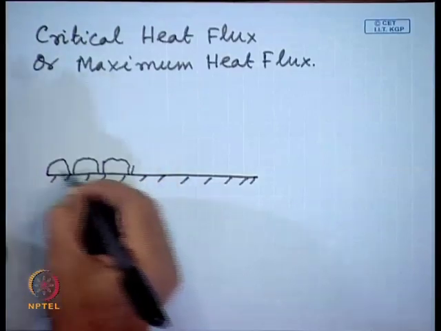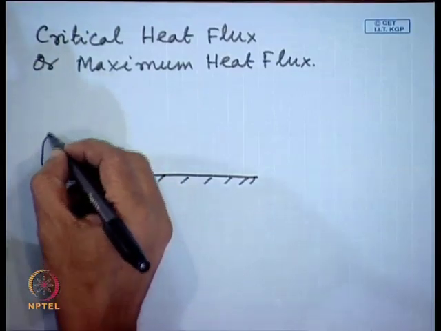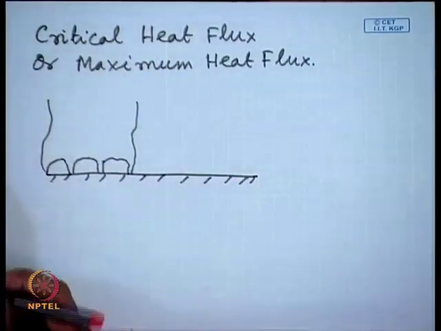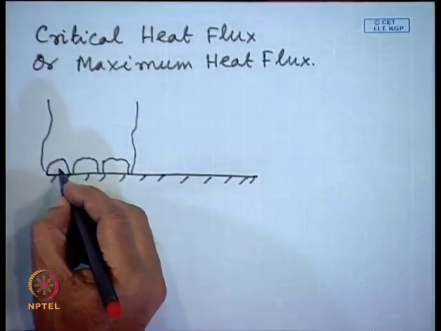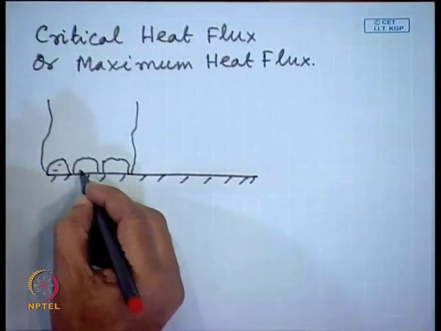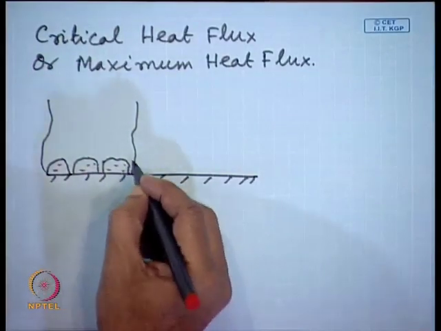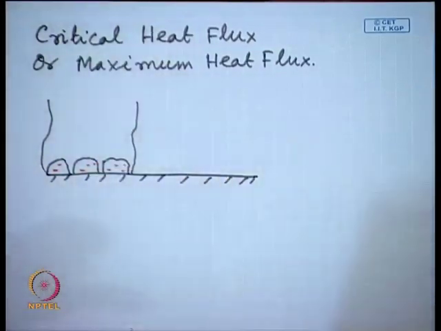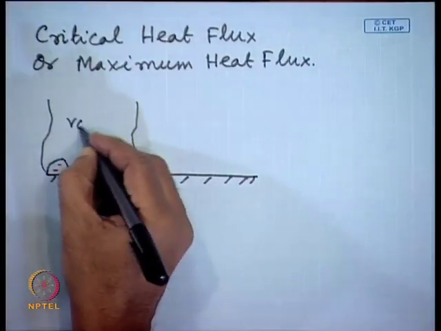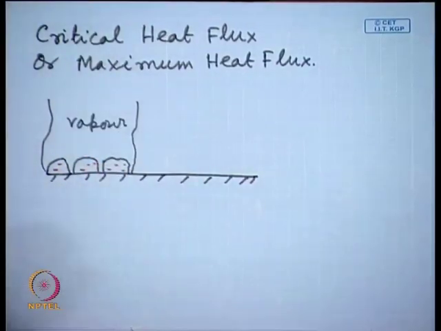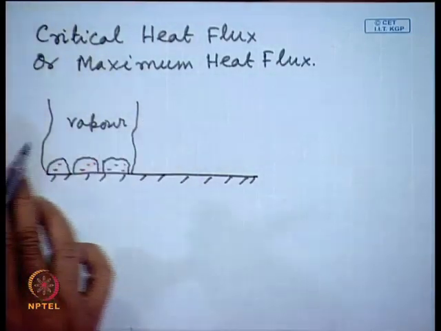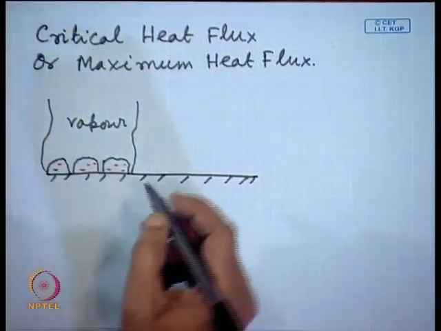So, ultimately you can get this kind of thing. Let us say this is your liquid and this is some sort of a vapor column, or this is your vapor. Okay. So, this is some sort of a vapor column or vapor jet.